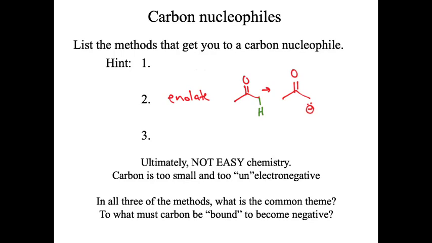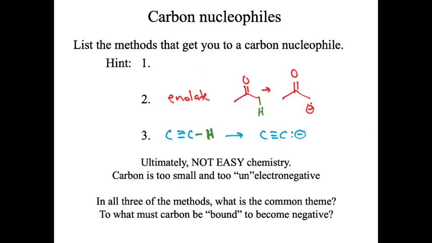That electronegativity difference is so close, though, that it's not easy to do. Not only do we have to use a strong base, but we also have to have the carbonyl next to it. What else could we do? We could remove the acidic hydrogen from acetylene to make acetylide.